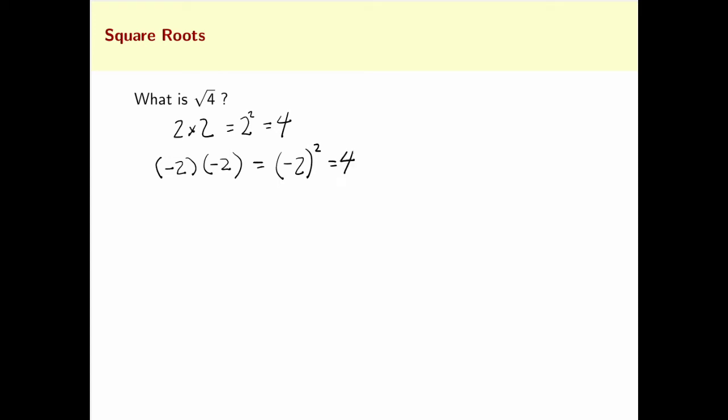So what I want you to get used to is the square root of 4, and here's the proper answer, is plus or minus 2. And that's how it's written. Square root of 4 is plus or minus 2. The square root has two correct answers.